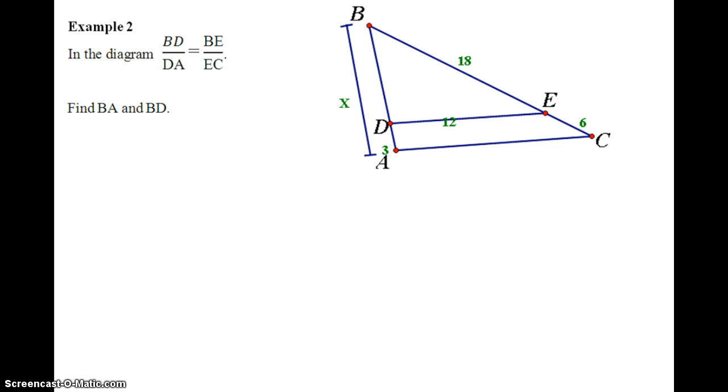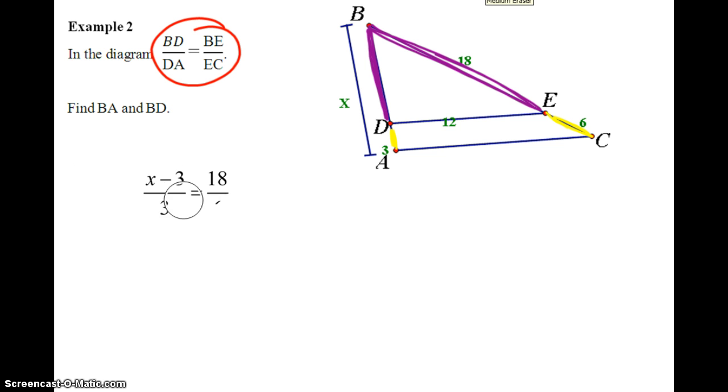Okay, in example 2, we're given this proportion. So we have BD over DA is directly proportional to BE over EC. So all we need to do is perform a little bit of substitution.